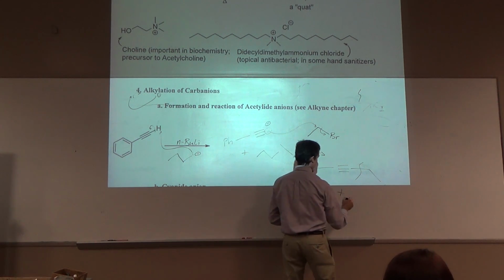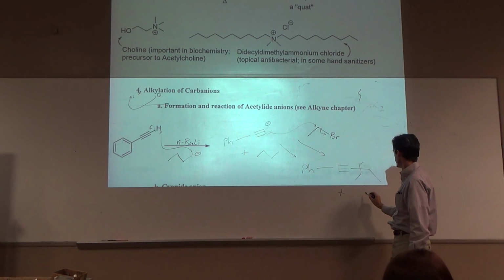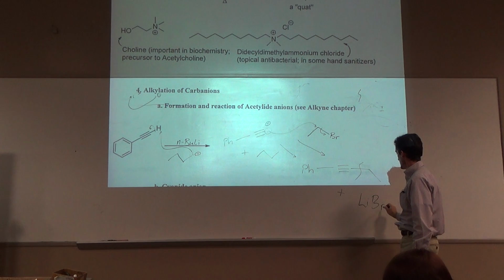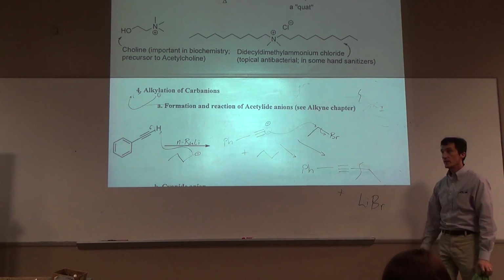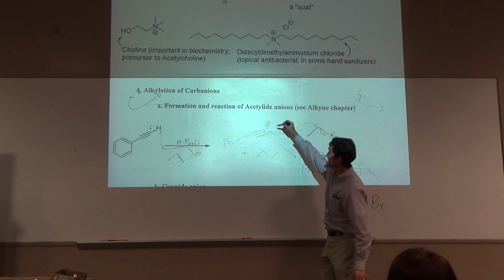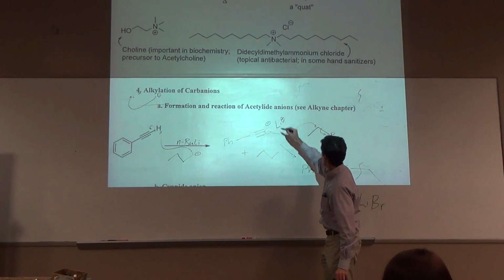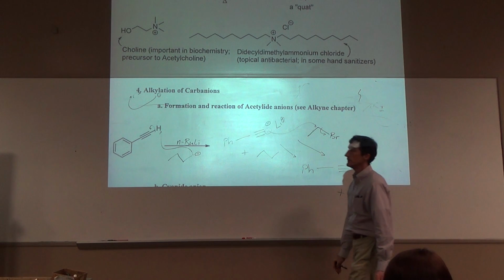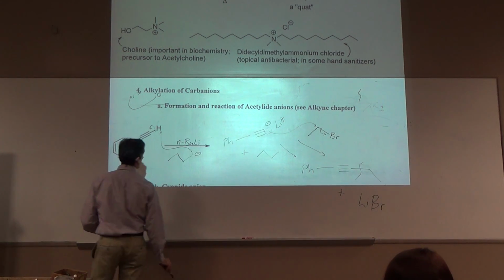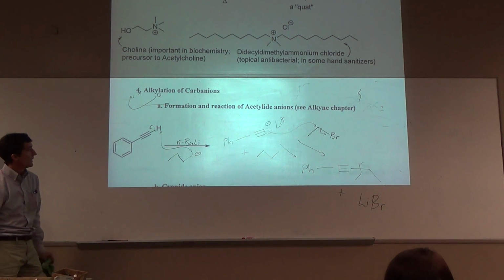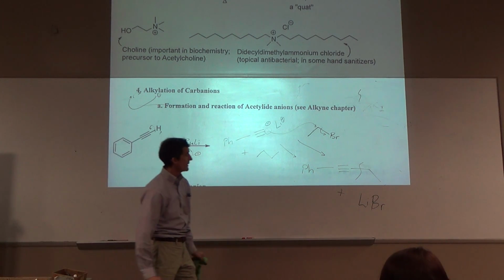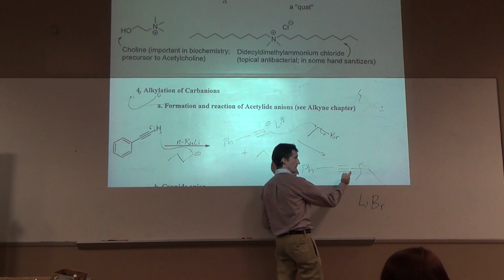Plus what? If we totally balance this, what else are we going to form here? Lithium bromide. You got a lithium sitting here, and when you kick that off, you got a Br minus. Plus butane. Butane was formed when you did the acid-base reaction. And so what did we do? We alkylated the carbanion.